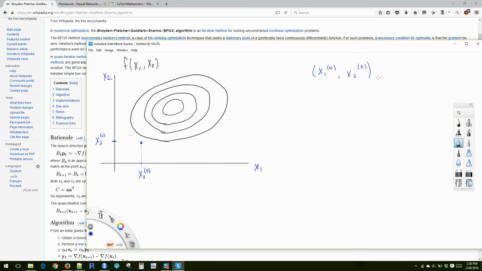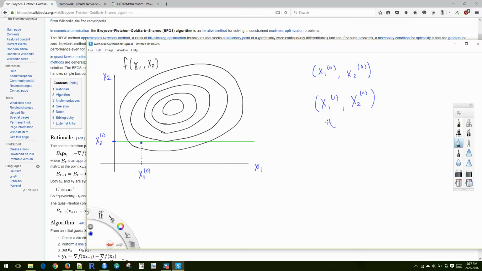All right, and then what we do, maybe I should draw another contour, is keeping x2 set at this value, I'm going to draw a little horizontal line here. We're going to travel along this path. So while x2 remains at its time 0 value, we update x sub 1 at time 1.